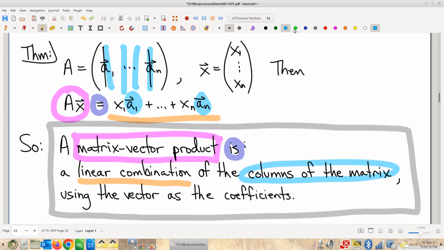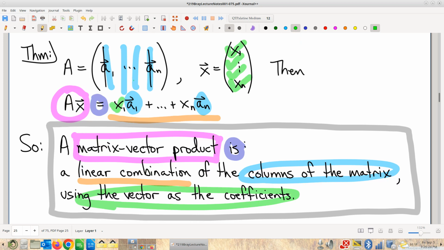But not only is it a linear combination of the columns, I can tell you what the coefficients are. The coefficients that you use are the coordinates of the vector that you're multiplying by the matrix. So really nice, really simple, really ultimately pretty natural, right?